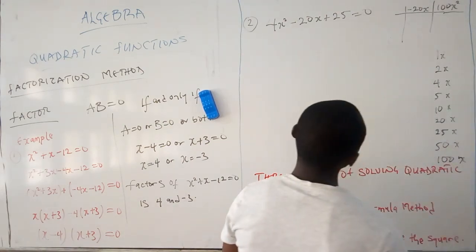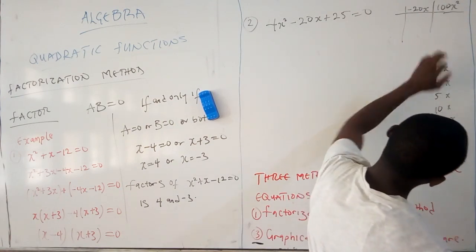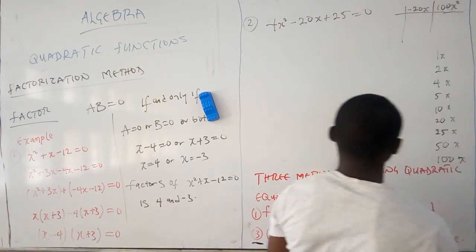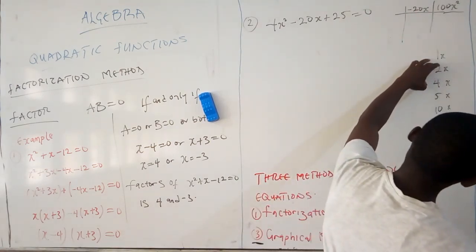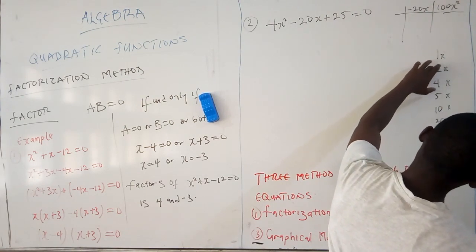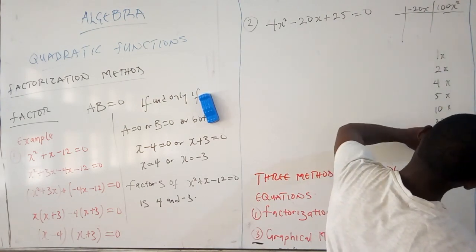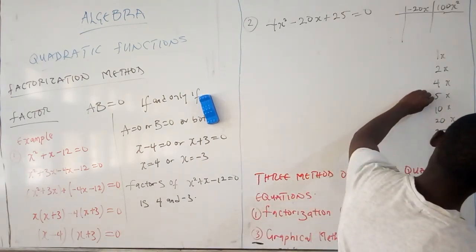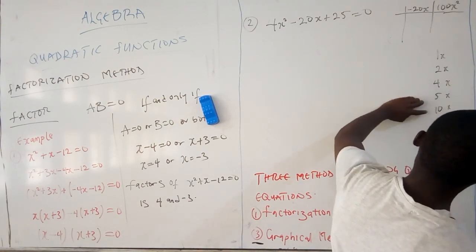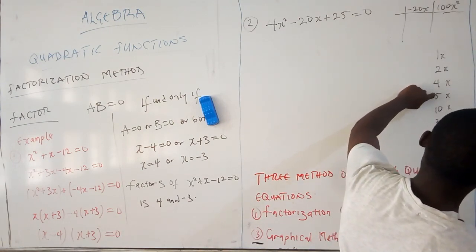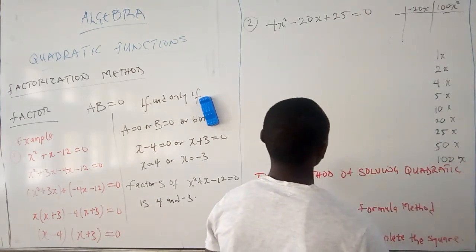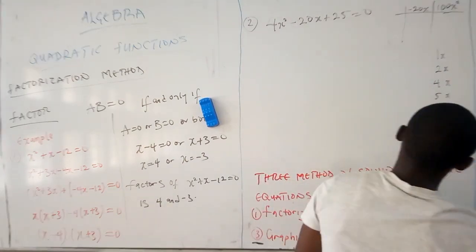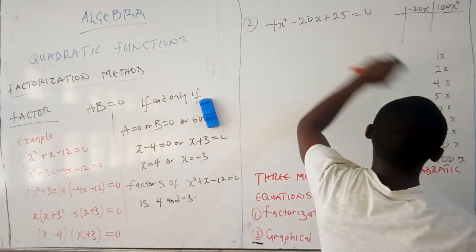So among all these, you pick a pair such that when you add them up, you have 20. Clearly, if I pick 2 and 50, there's no way you add them and get 20. But what if I take 5 and 20? When you add them together, you will not be able to have 20.